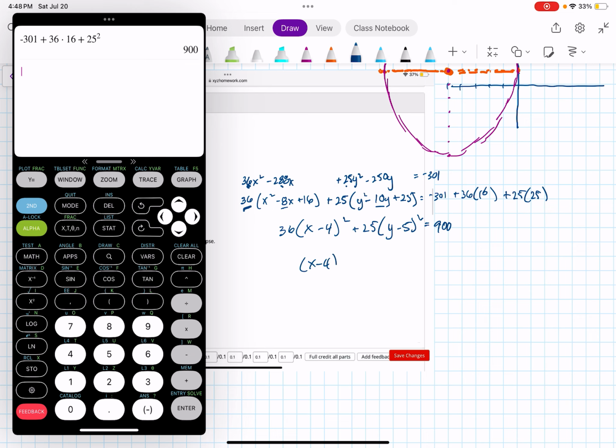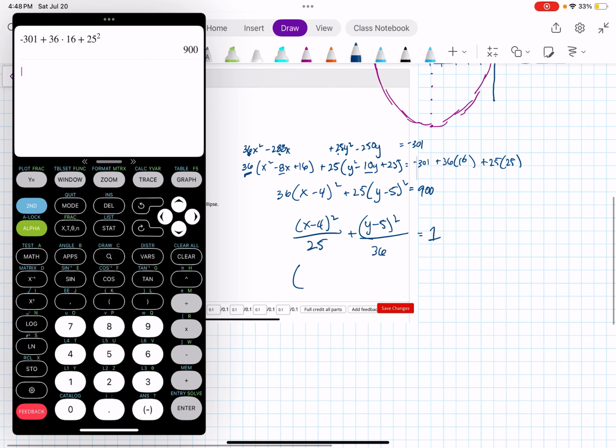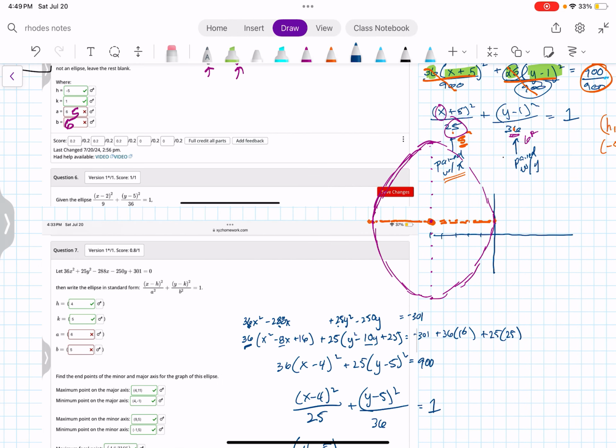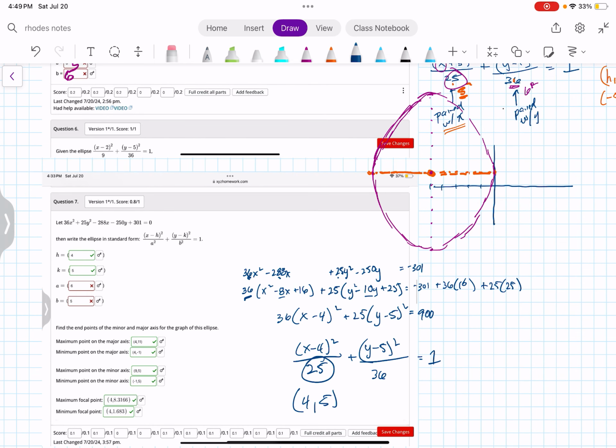So I'll get x minus 4 squared over 25 plus y minus 5 squared over 36 is equal to 1. So 4 comma 5 ends up being your center, which I believe you had. And now, because that 25, which is the same thing as 5 squared, is with your x, come over here, a is with my x, so I want to put 5 there, and then I want to put 6 there.